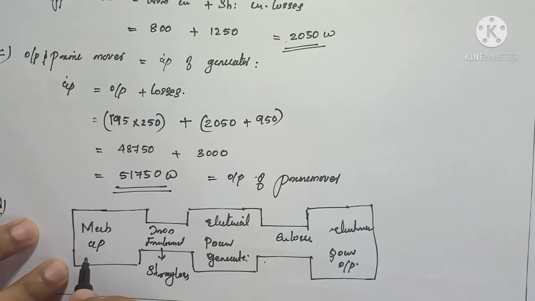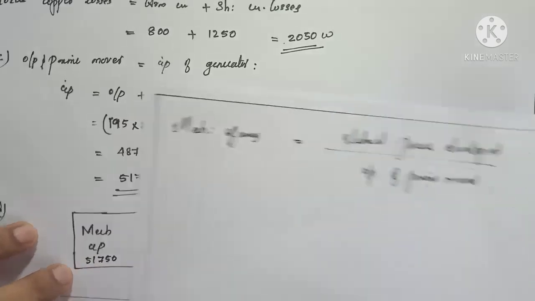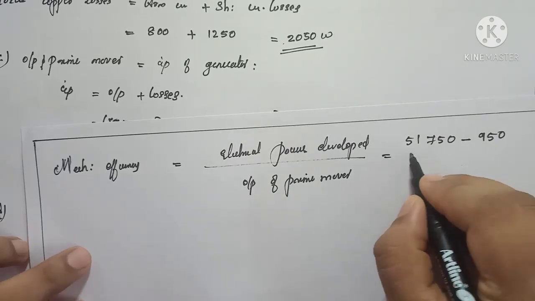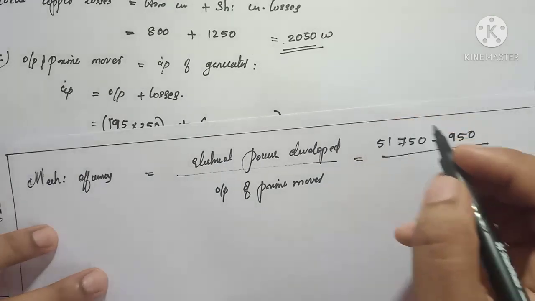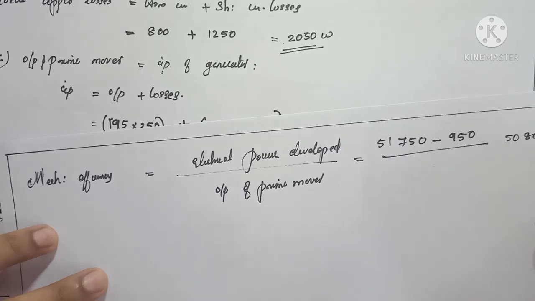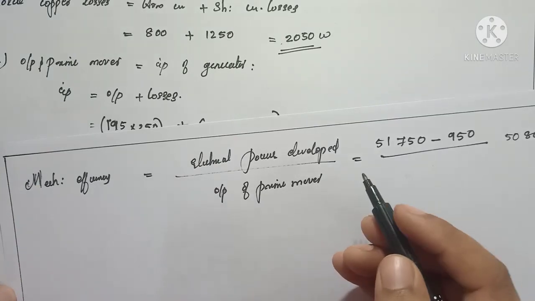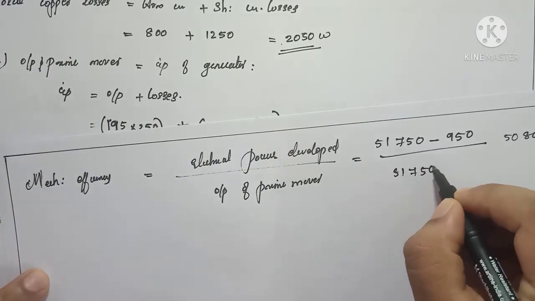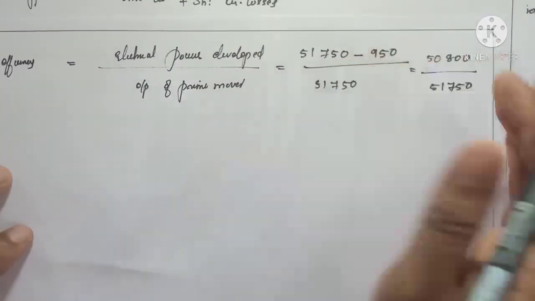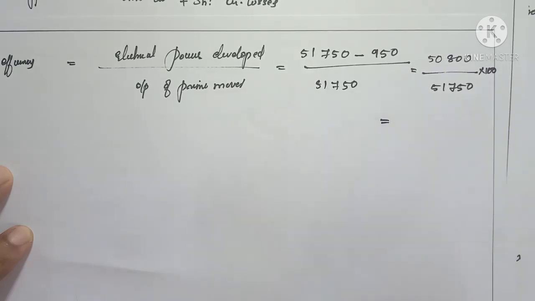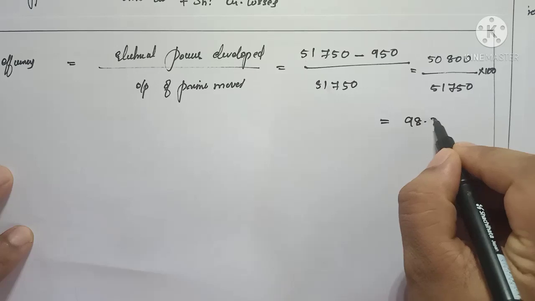Here 51,750 is already given, and due to the iron and frictional losses, that is 950, we will get reduced power here, that is the generator will generate that much power: 51,750 minus 950, which is 50,800, divided by the output of the prime mover, that is the input which is already given, 51,750, into 100, and we will get the efficiency as 98.2 percent.